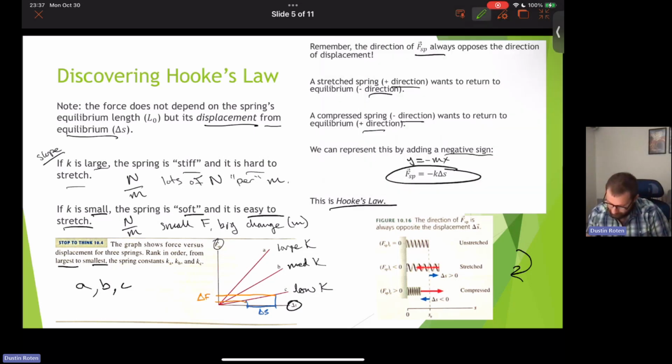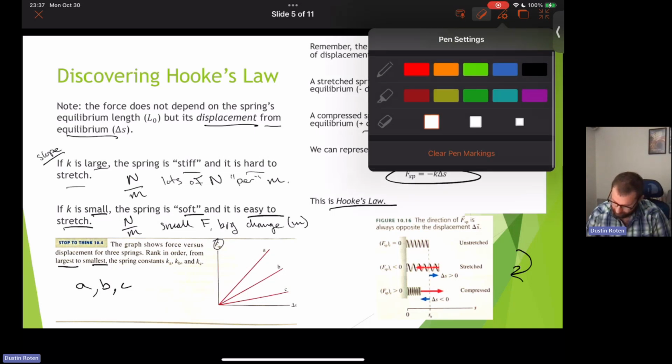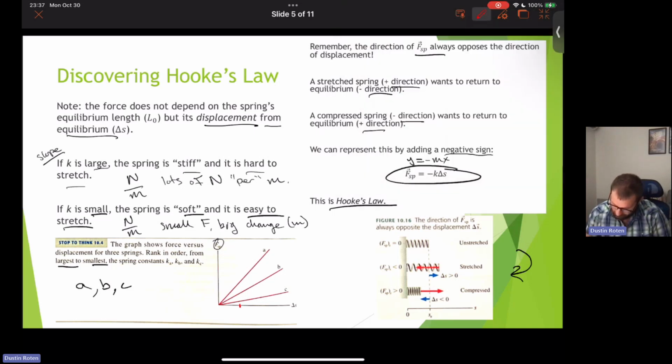Whereas, let's look at this larger one. If we apply just a little bit of a displacement, look at how big of a force we get. It's somewhat poorly drawn, I guess this should be a little bit higher. There we go.